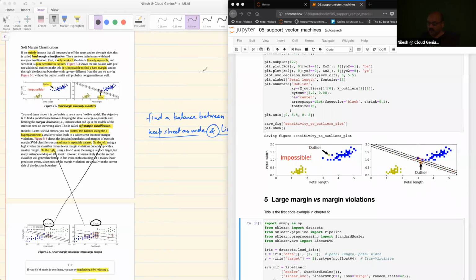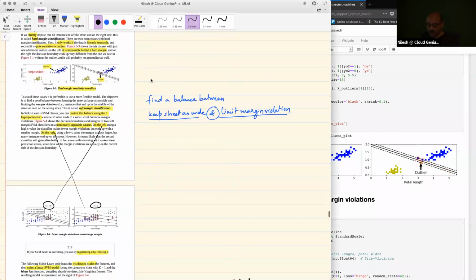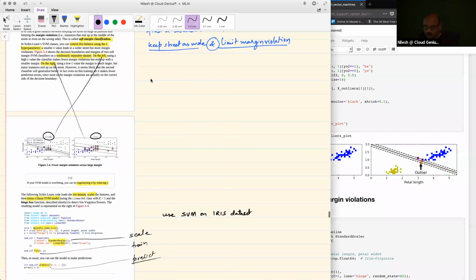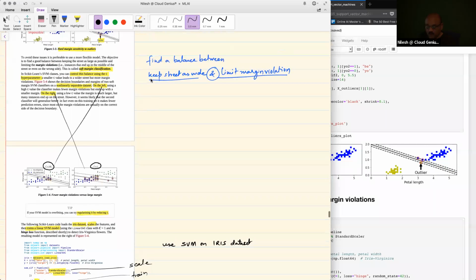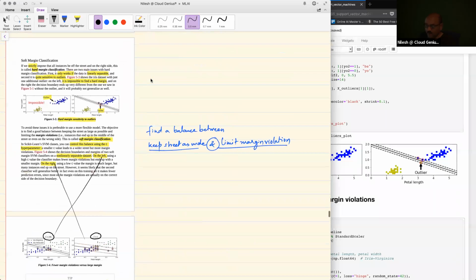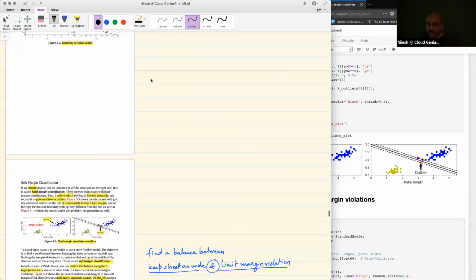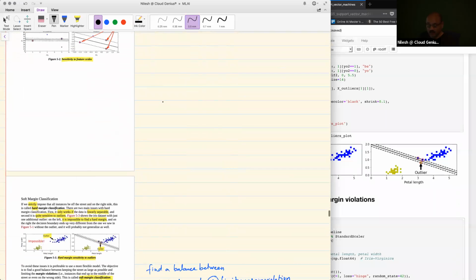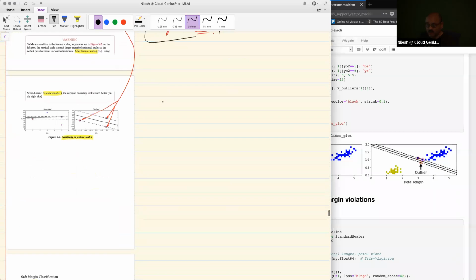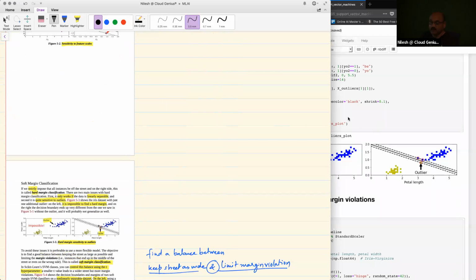Just clarifying that. And so I'm clearing my illustrations and scrolling the book. The other idea is what we have been discussing up until now in these pictures, about scaling and about outliers, which is basically black and white decision making. Is it that or this?